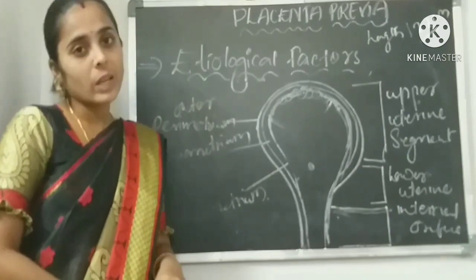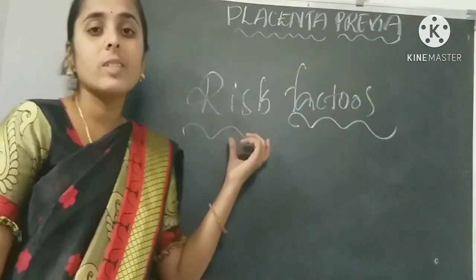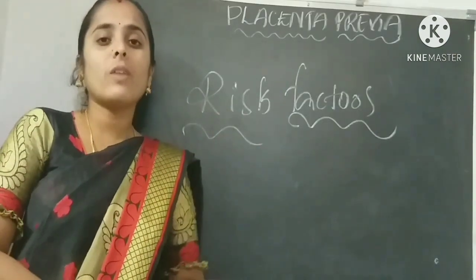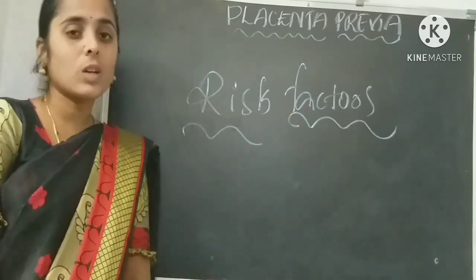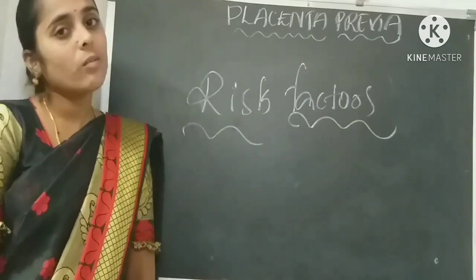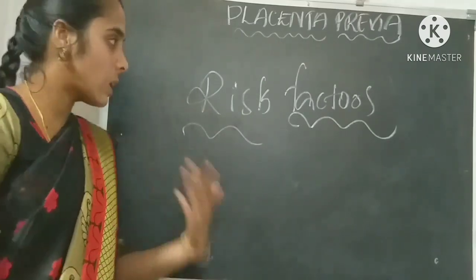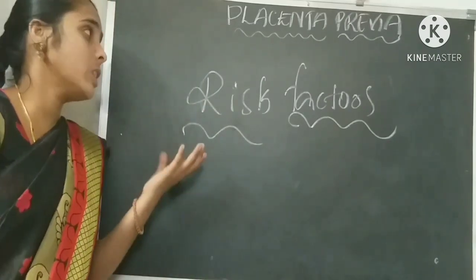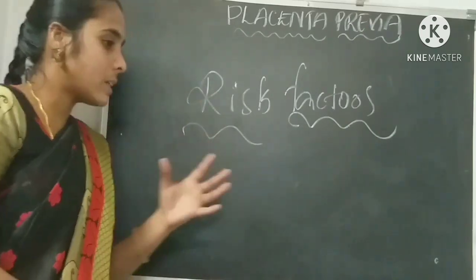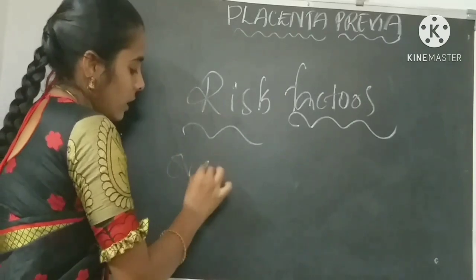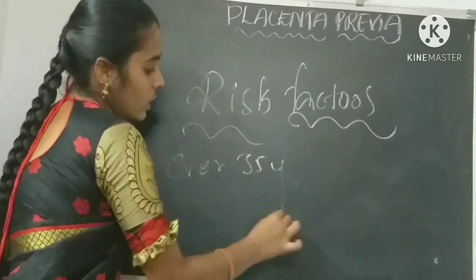Next we will see the risk factors of placenta previa. In the risk factors, if the maternal had multiple gestation, it will increase the risk of placenta previa. If the maternal has several previous pregnancies, it will also increase the risk. If the maternal age is over 35 years, it will also increase the risk.